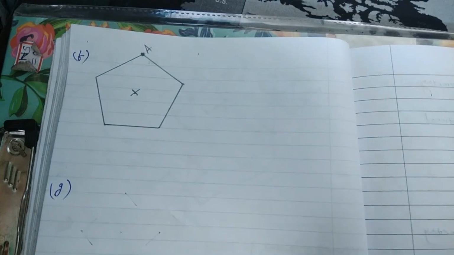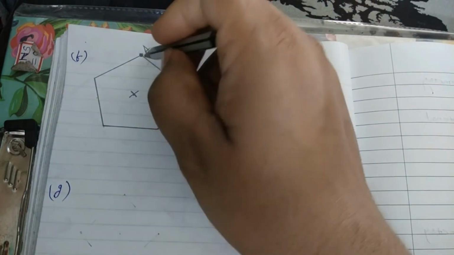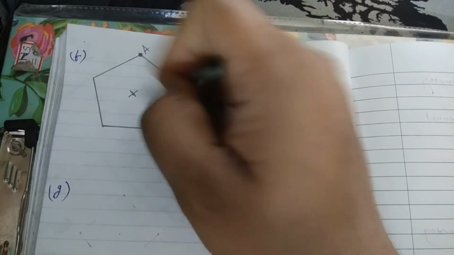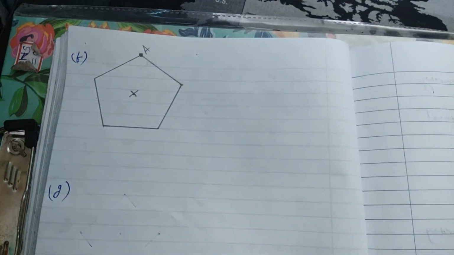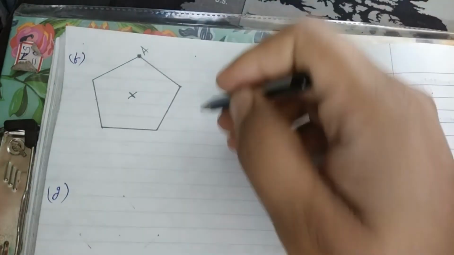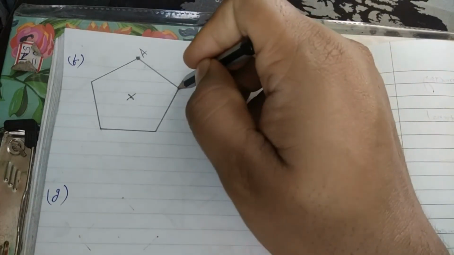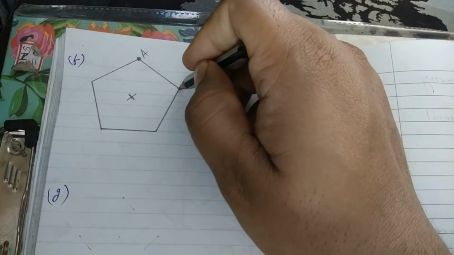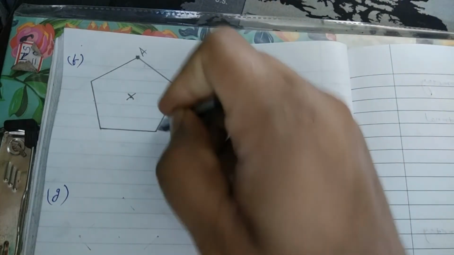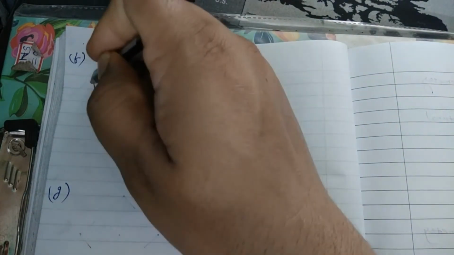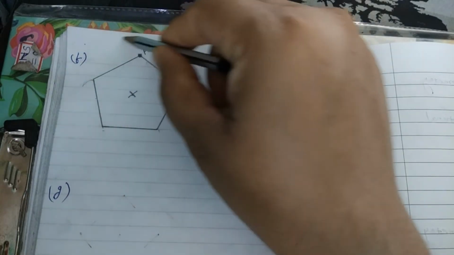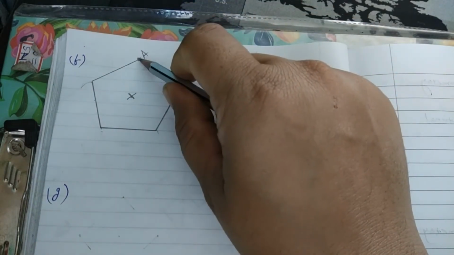The center of the pentagon, the intersection point of the diagonals, is the center of rotation. From that we rotate such a way that A comes here. Again we rotate such that A comes here, again, and again, and again we rotate such that A comes to its original position.